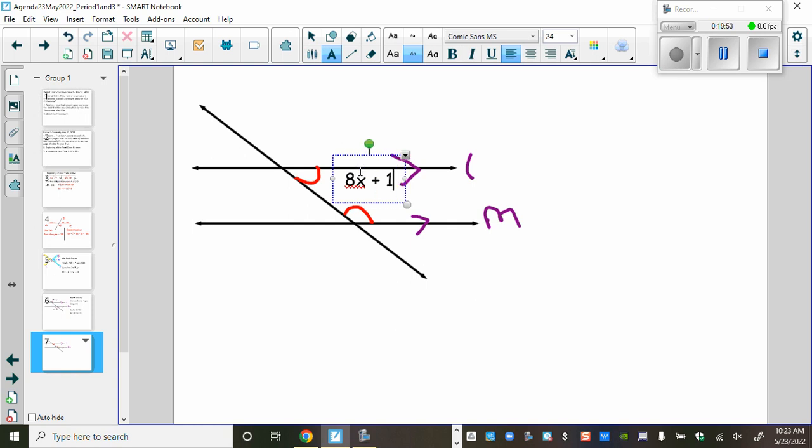I'll put 8x plus 11. And I'll just do 4x minus 11.